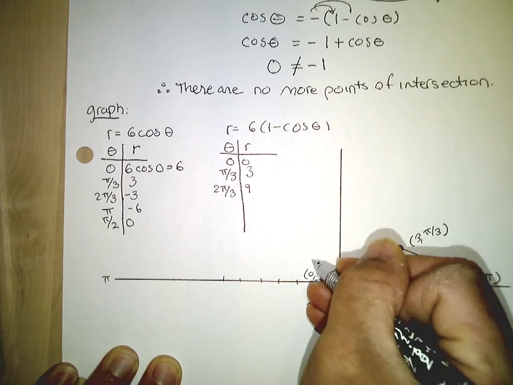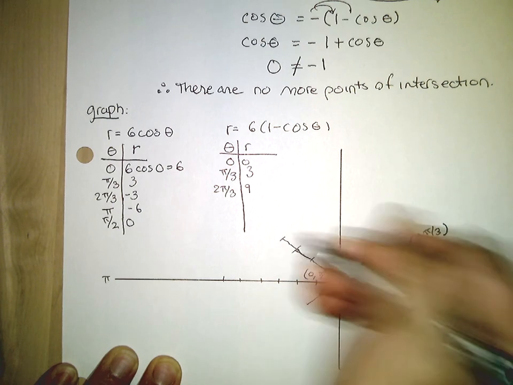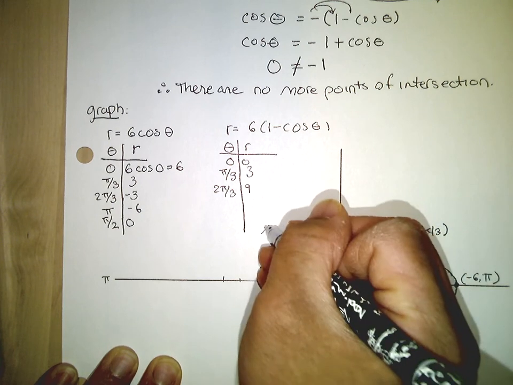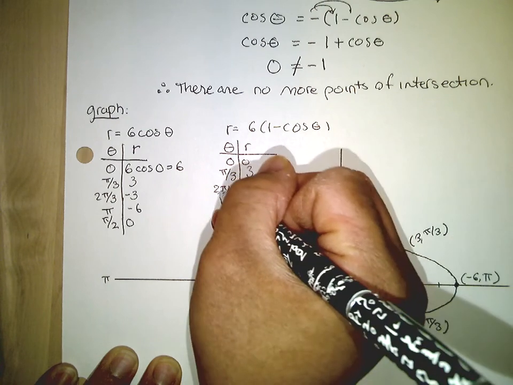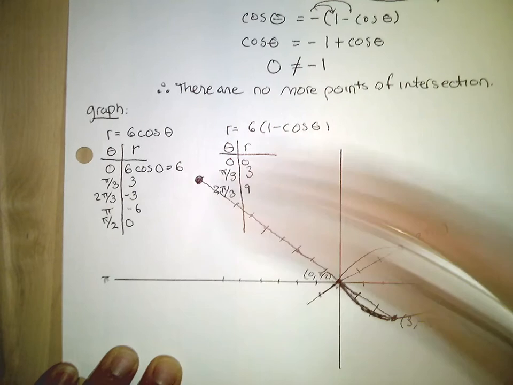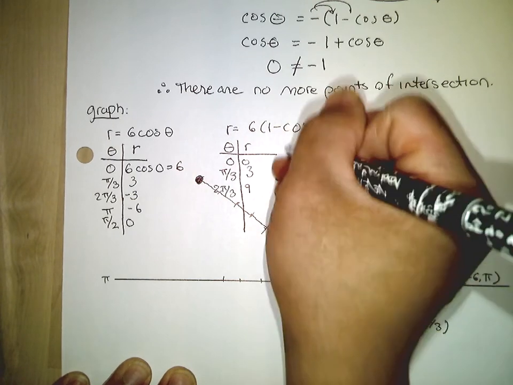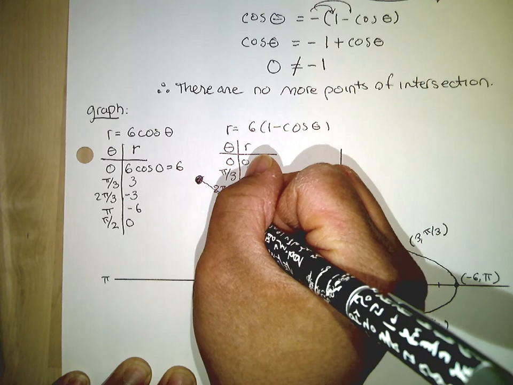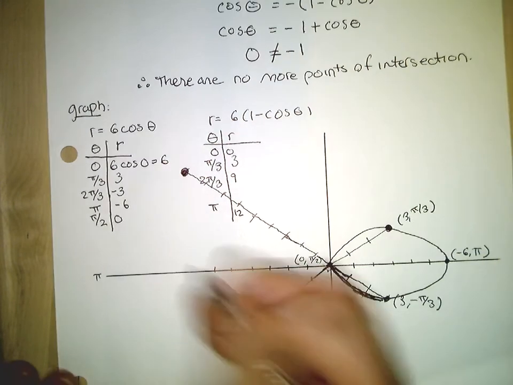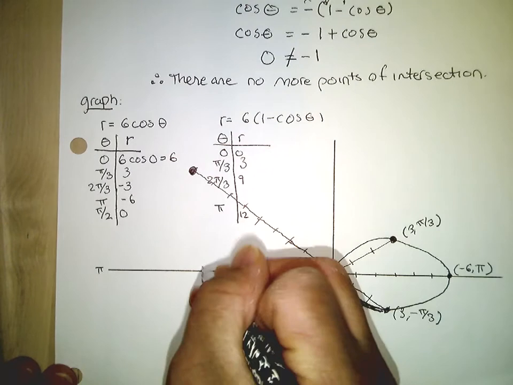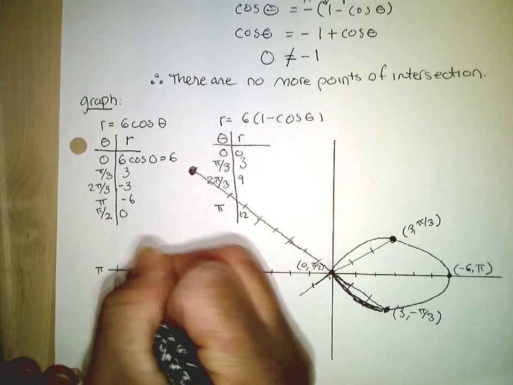So 1, 2, 3, 4, 5, 6, 7, 8, 9. All right, and then let's do pi, 12. So at pi we have 12, so 6, 7, 8, 9, 10, 11, 12.